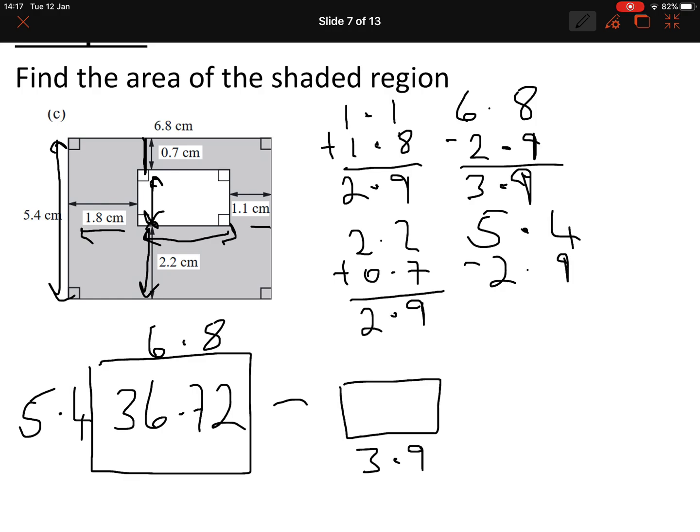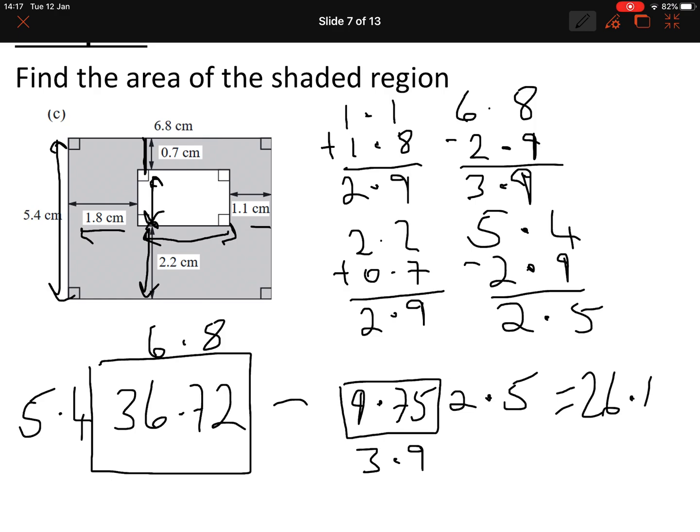Then we take it away from 5.4. 5.4 minus 2.9 on a calculator gives 2.5 centimeters. Length times width would be 9.75. When you subtract the two, you should get 26.97 centimeters squared.